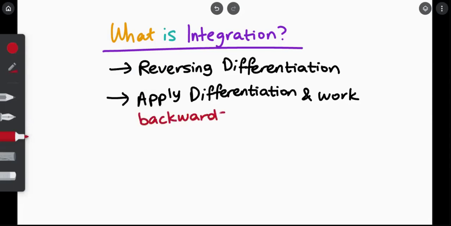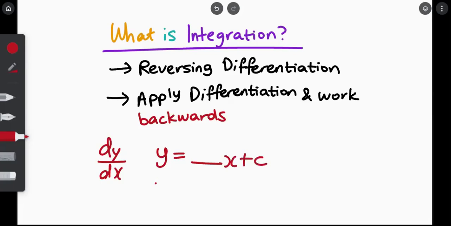So for those of you who have learned differentiation, you know that differentiation is dy over dx, correct? So dy dx is differentiation. However, instead of me giving you the equation y equals something x plus c, I instead give you the dy dx.